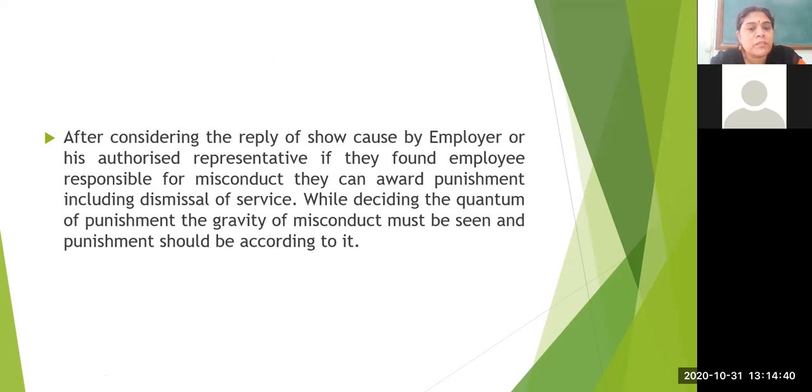In a simple word, in my opinion, suppose a warning letter is issued to the candidate, and then the show cause notice is again issued to ask him for an explanation on why he behaved in a wrong way, which is against the company rules and regulations.